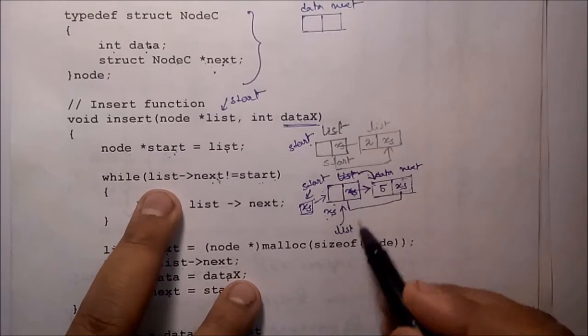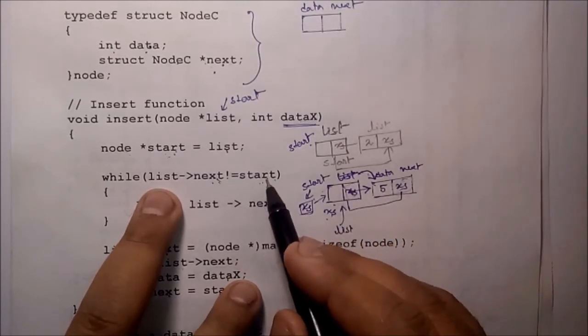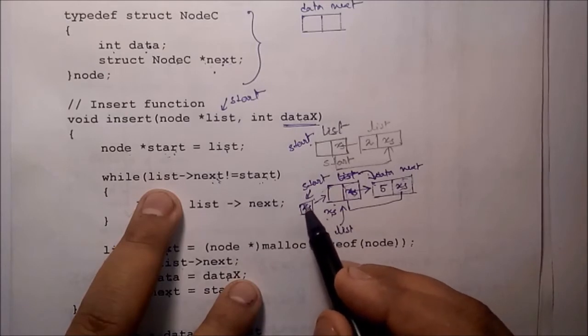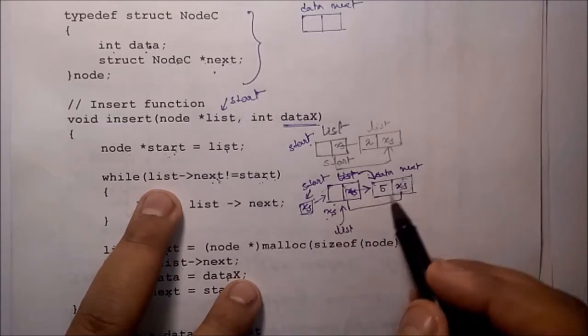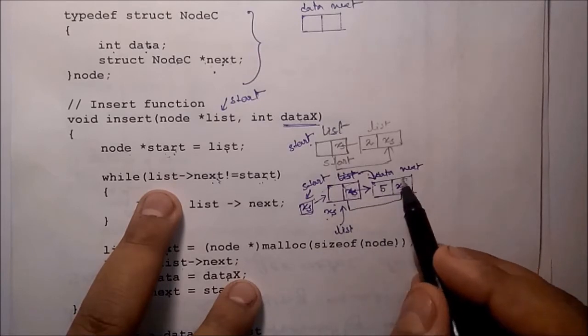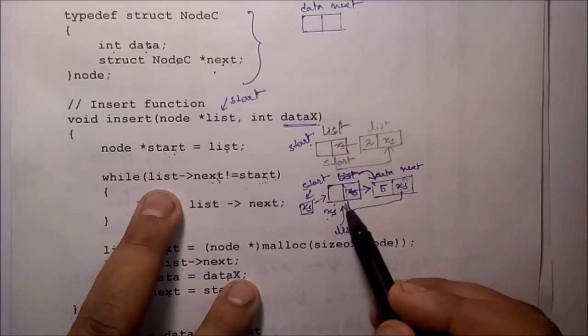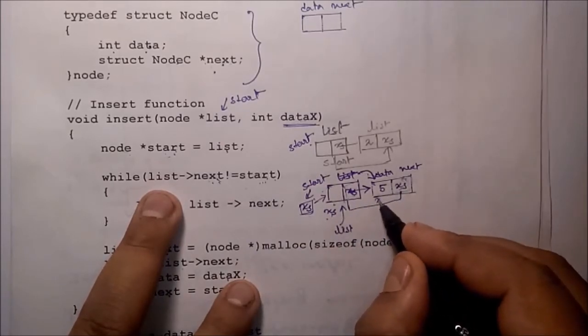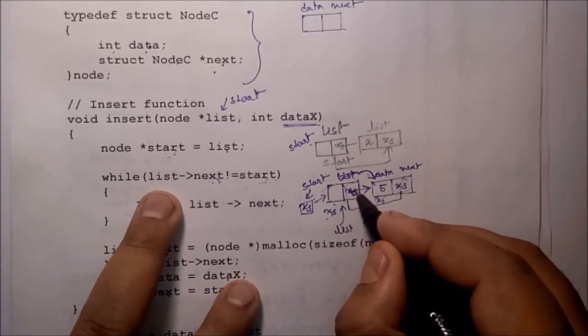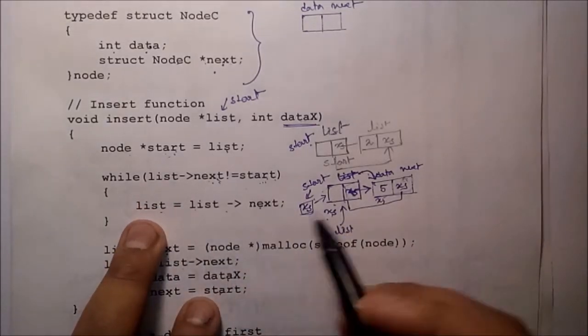List next not equal to start. This time list is equal to this one, list next is not equal to start. In start the content is xx, but here xx is not there, the address of the other node is there, so the condition is true. List next is say x5, which is not equal to xx, so the condition is true, and list is equal to list next.